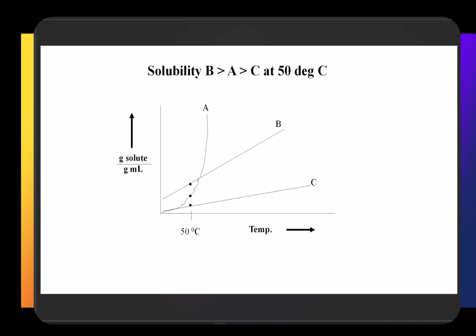At 50 degrees, however, B has a higher solubility than A, which has a higher solubility than C. But as we go up above 50 degrees, A is probably going to have the highest solubility, then B, then C. Most substances increase solubility with increasing temperature. However, there are a few substances that do the reverse.